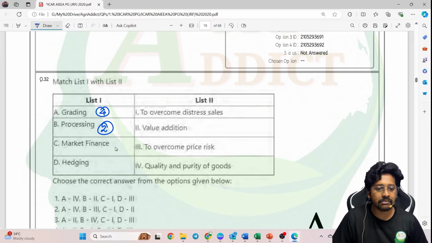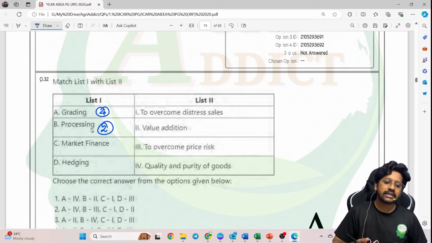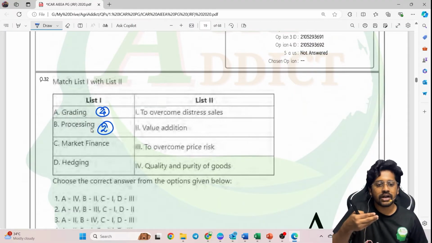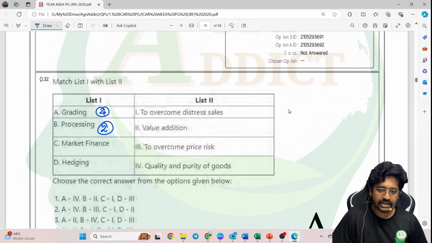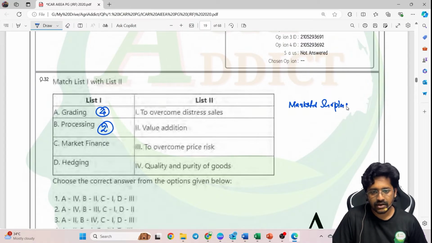Then what happens in the market finance? Market finance actually happens at the point of distress sale, right? Distress sale is nothing but when the marketed surplus is greater than the marketable surplus.